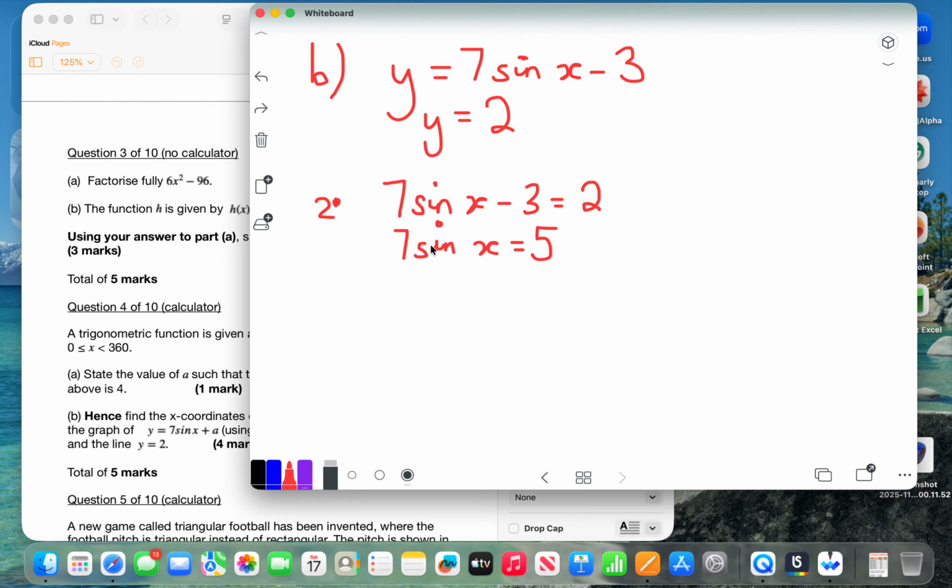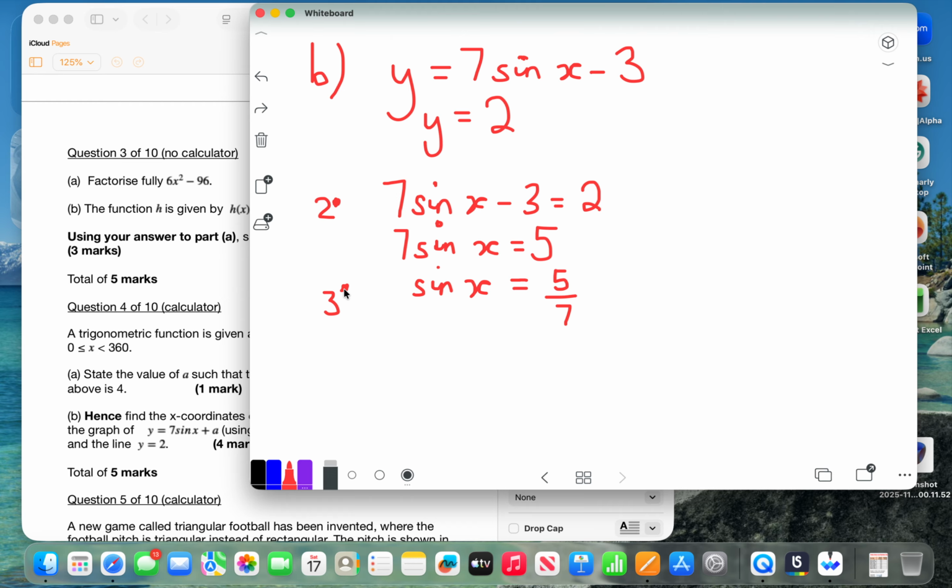And the 7 is multiplying on the left hand side, so let's divide both by 7 to cancel it out, and we then have sine x on its own. And that is the third mark.